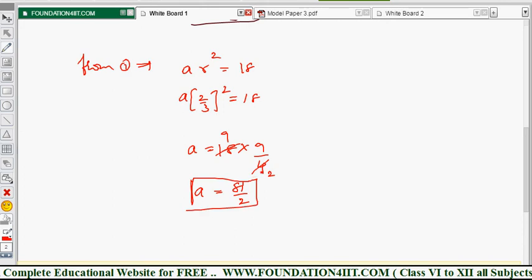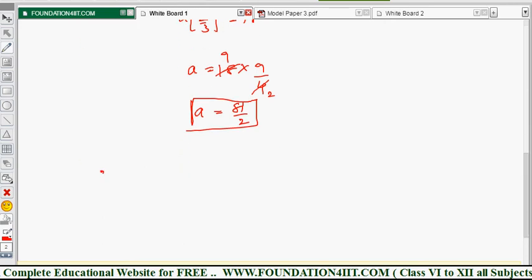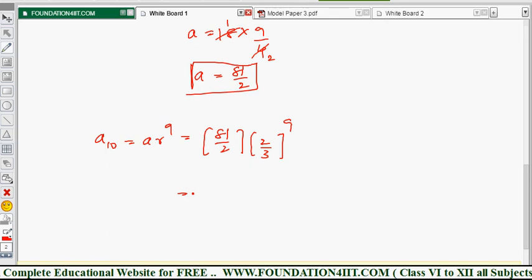Now once you know the R value, the common ratio, and the first term, then the 10th term is simple. Just use the A10 formula. So A10 is equal to A into R to the power 9. So the A value is 81 by 2 and R is 2 by 3. Okay, we will simplify this and get the 10th term: 81 by 2 into 2 to the power 9 by 3 to the power 9.